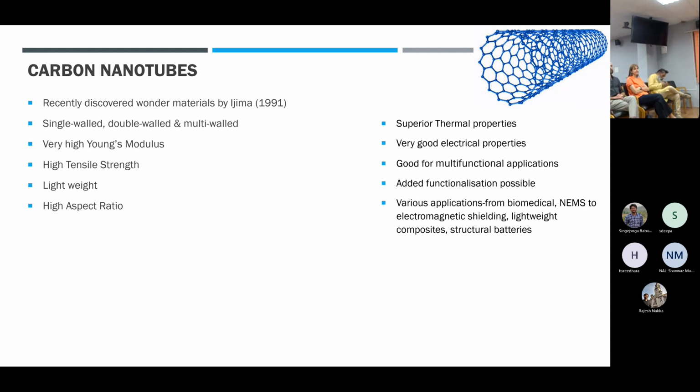Then again, we have seen electromagnetic shielding applications, and there are also studies which try to estimate the application of carbon nanotubes to structural batteries.